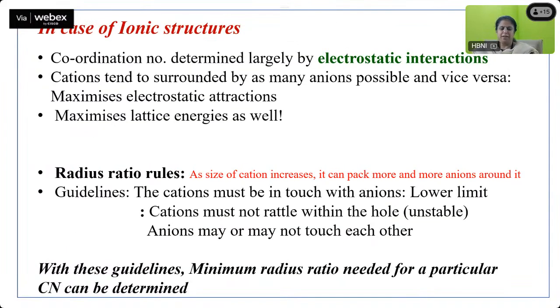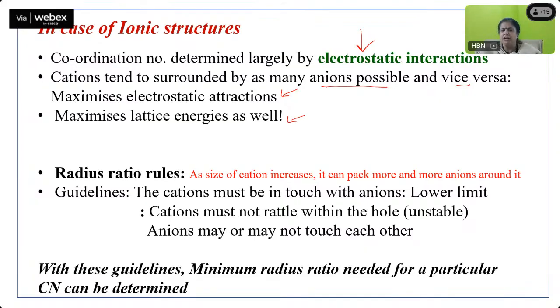Okay. So again, this is the same thing that I was just saying. Coordination number is determined largely by electrostatic attraction. Cations tend to be surrounded by as many anions as possible, and vice versa. It maximizes attraction and it maximizes lattice energy. Lattice energy would be the last topic of today's lecture.